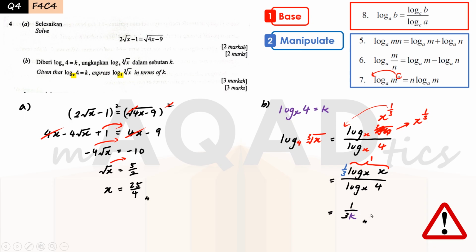But you may be wondering, how about the third step of this one? Because you already found the answer. Okay, so for this question, we don't need the third step. The third step is actually changing the form. Changing the form means from logarithm format, I change it to the index format. So for example, let's say we have this log. To change to index form, I just push the base value to the other side.